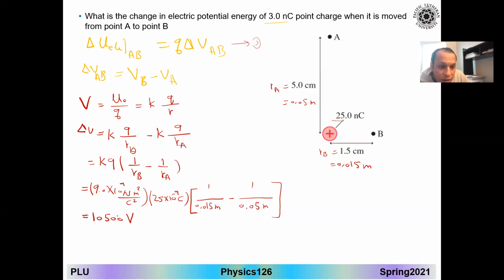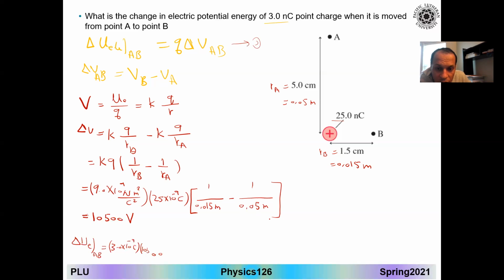Once I find this one, I can go back to equation number 1 to find the change in electrical potential energy required to move the charge from A to B. Q is 3 nano, power to the minus 9 coulomb, times V, which is 10,500 volt.